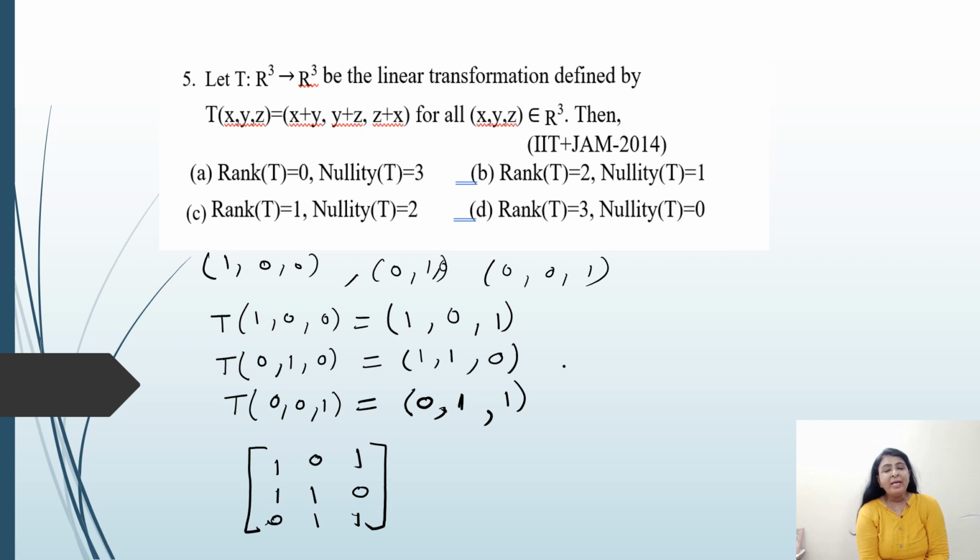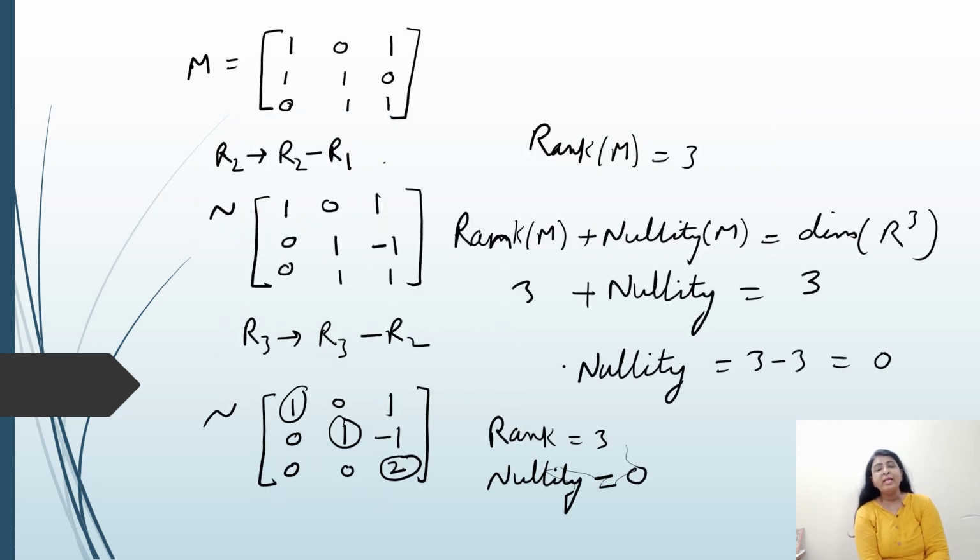Now we will write this in matrix form. The first vector is written row-wise, so R1, R2 and R3. Now this is the matrix. Now we have to find the rank of this matrix. So again we will apply the Gauss elimination method.